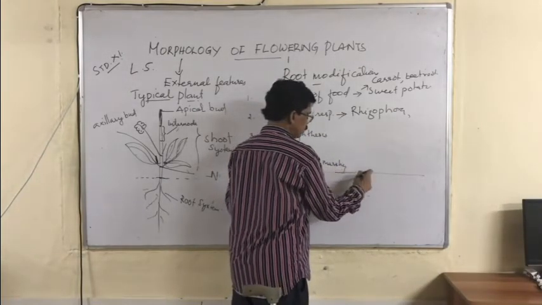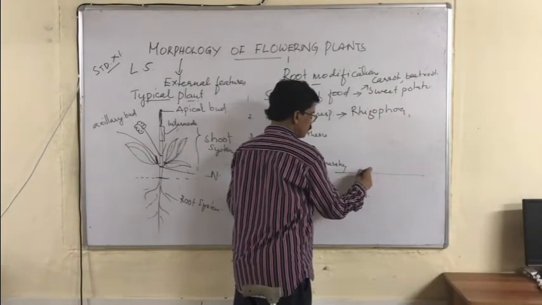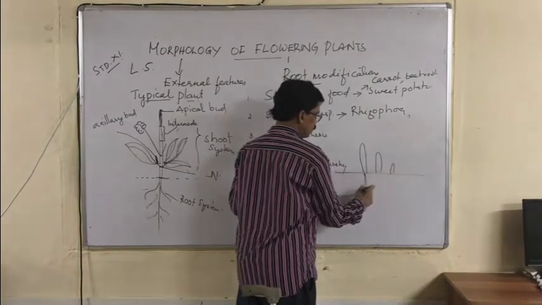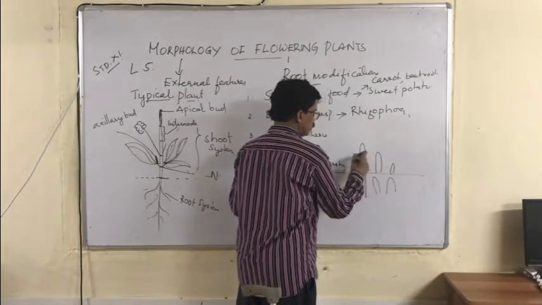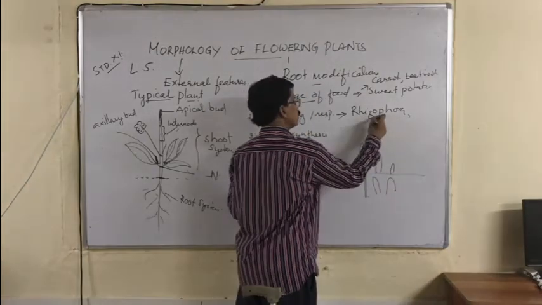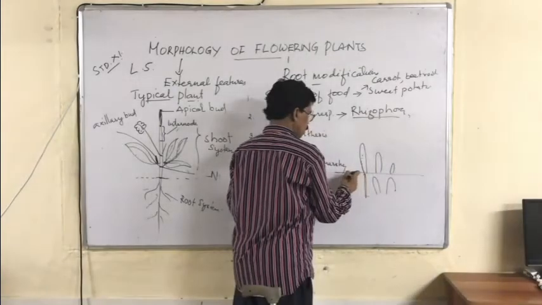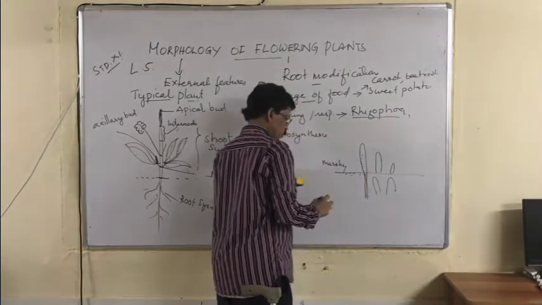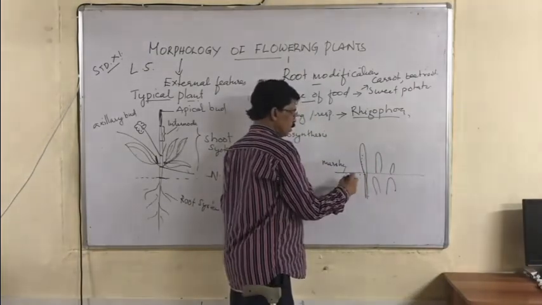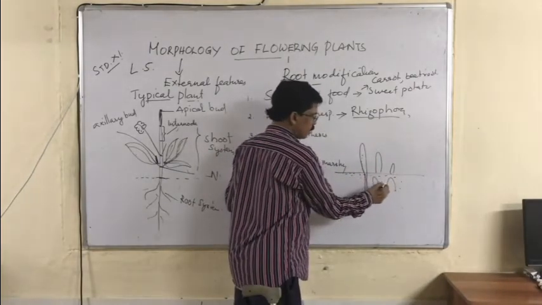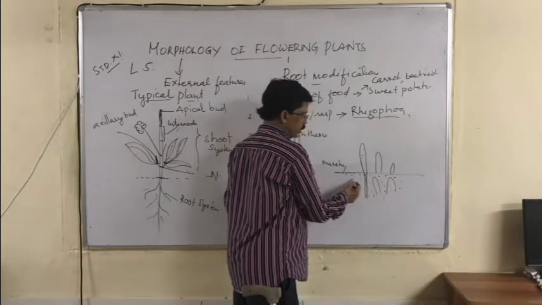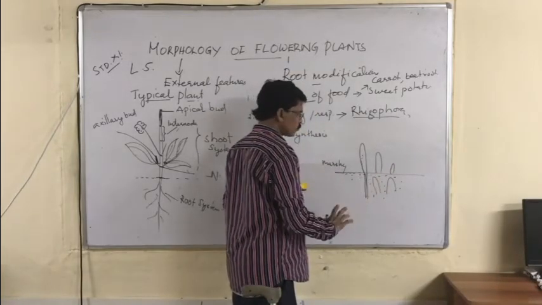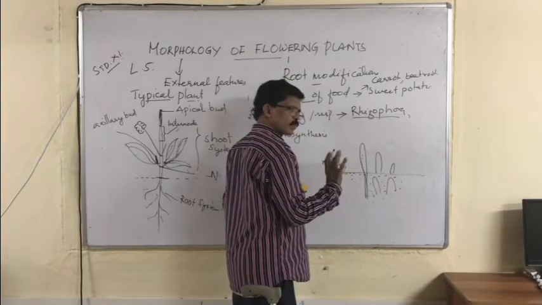In marshy soil, the roots grow downwards, but they will come out of the soil, in order to get oxygen to respire, to breathe. The marshy soil does not contain any oxygen, any air, because it is completely filled with swamp or marsh. Roots will not get the oxygen.